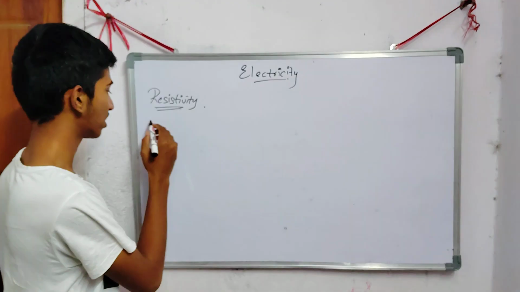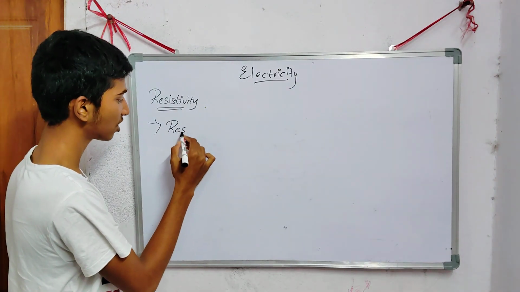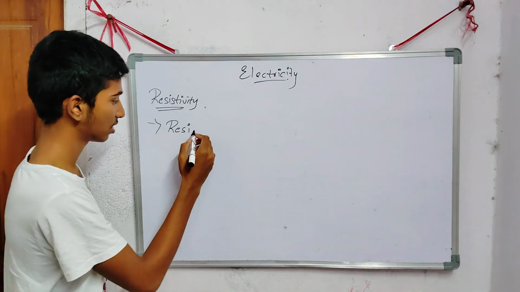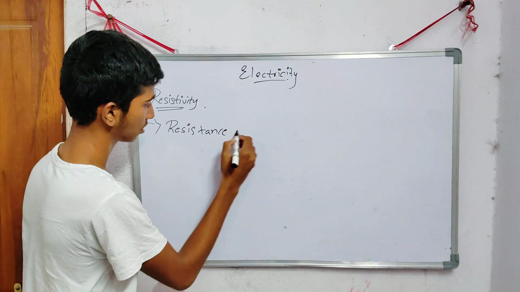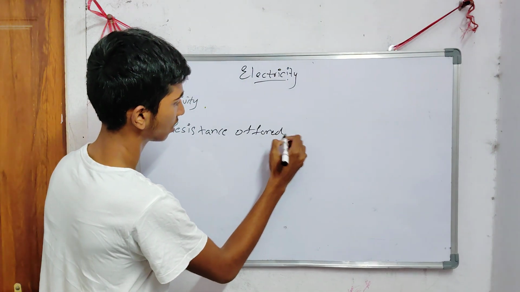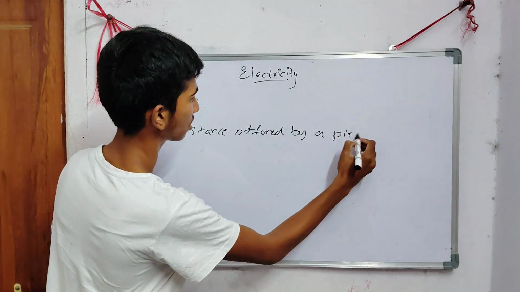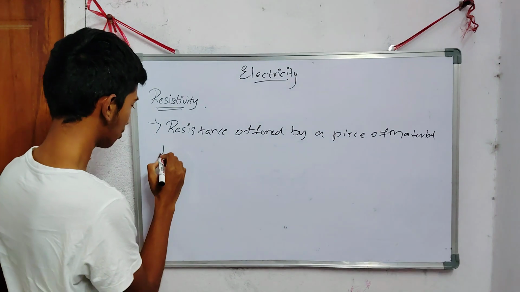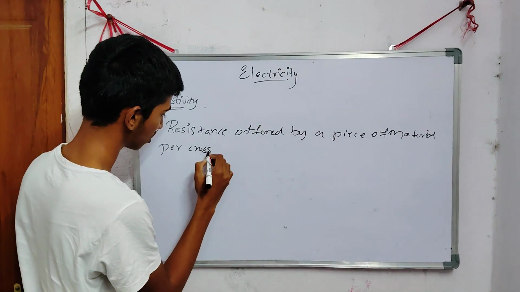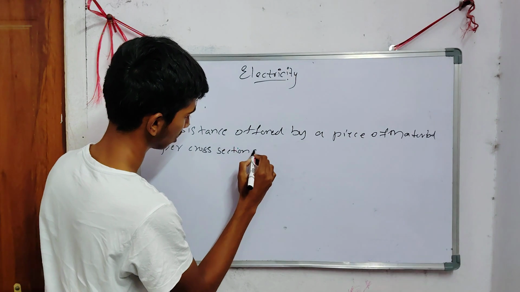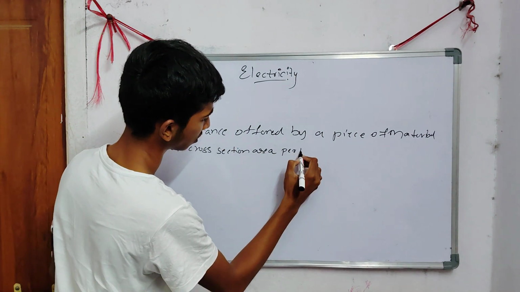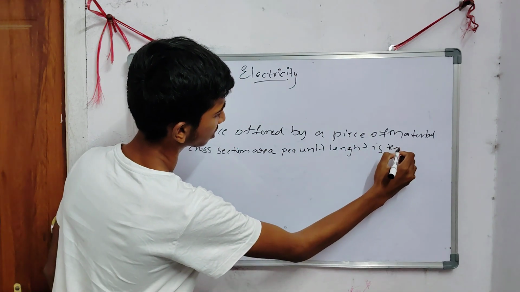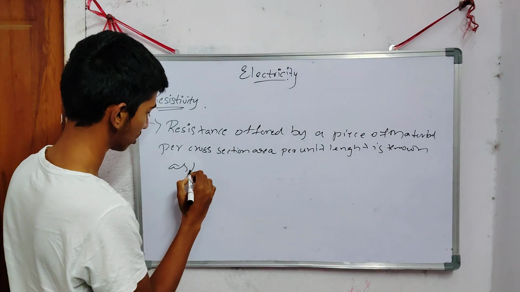Now we start with resistivity. What is resistivity? Resistance offered by a piece of material per cross-section area per unit length is known as resistivity.